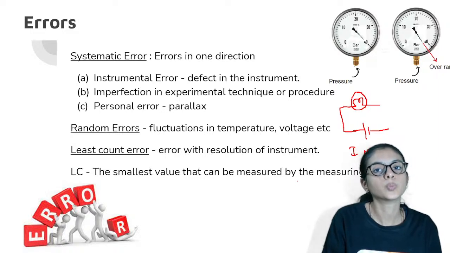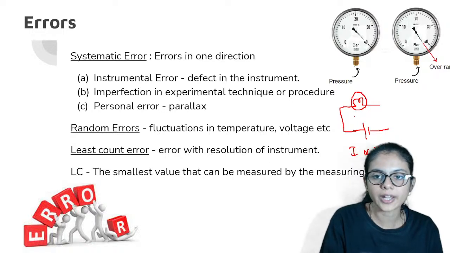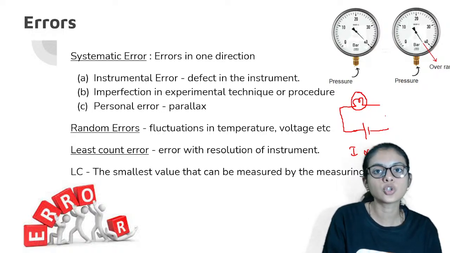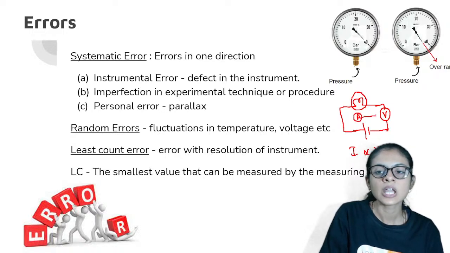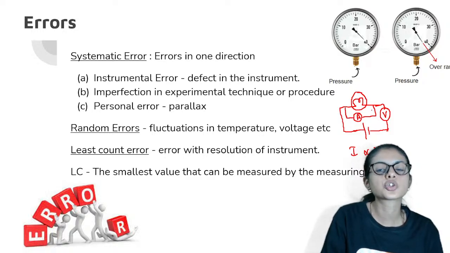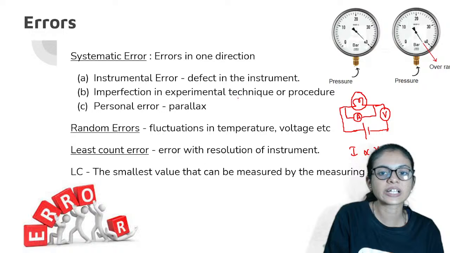But if I mismatch the technique, according to Ohm's law I should use the ammeter in series, but I am using the voltmeter in series and connecting the ammeter in parallel. So is there any defect here? Is it a defect in the instrument? No, it's not an instrumental defect. It is a defect in the technique.